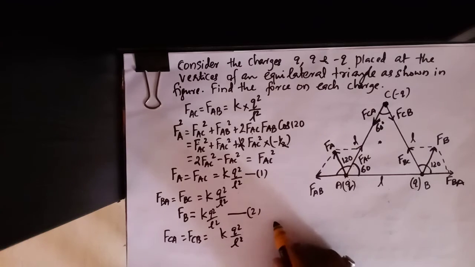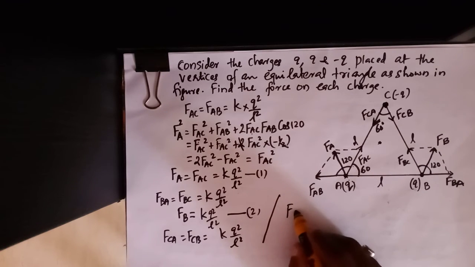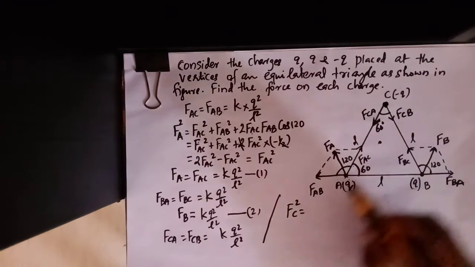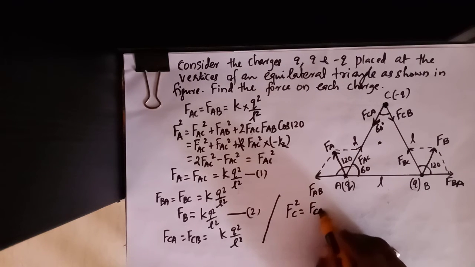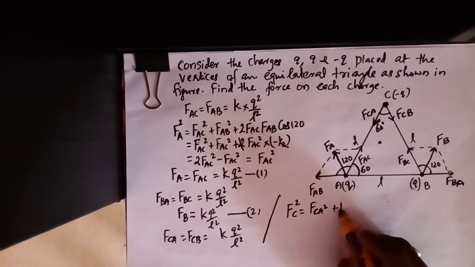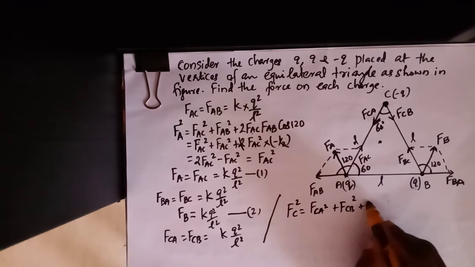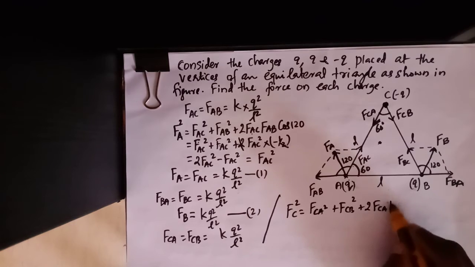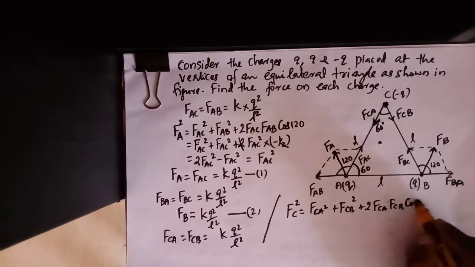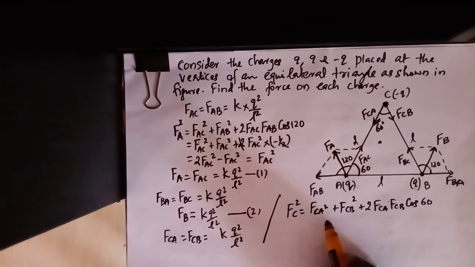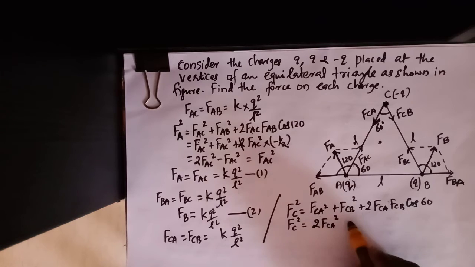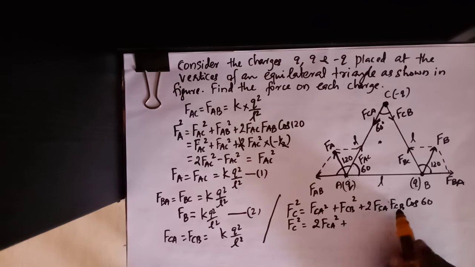What is the resultant force? See, the resultant force Fc: Fc square is equal to Fca square plus Fcb square plus 2 Fca Fcb cos 60. These two have the same magnitude because Fca is equal to Fcb. So as we had done in the previous cases, we can write 2 Fca square plus 2 into Fca and Fca, because Fca and Fcb have the same magnitude.